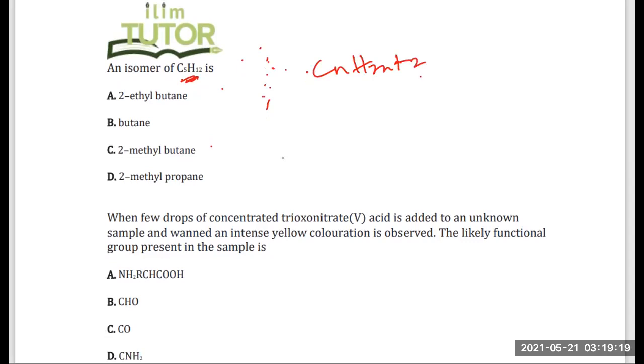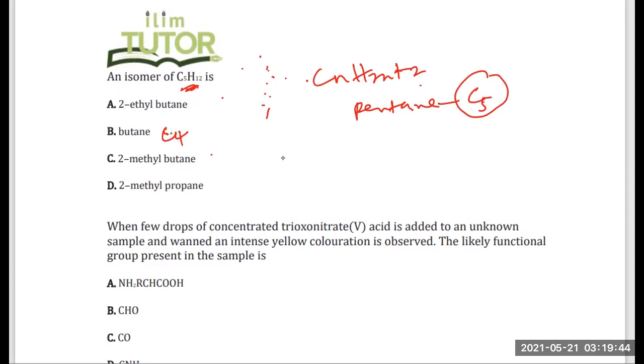If it is C5, that is basically a pentane. So if it is pentane, we expect that it's going to have 5 carbons. No matter the isomer, it must have 5 carbons and 12 hydrogens. Since we don't draw the structure here, we can get this quickly. It can't be a butane, because butane is a C4. So if it's a C4, then it cannot meet up with C5.